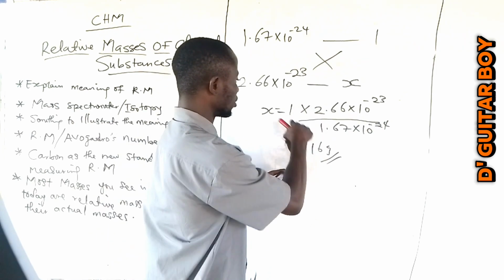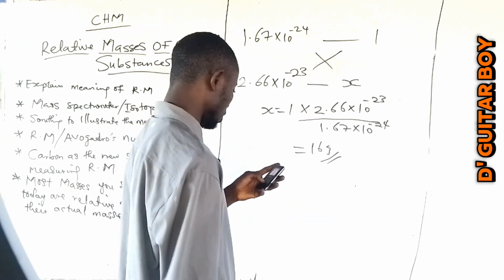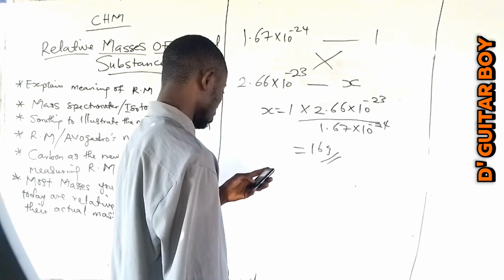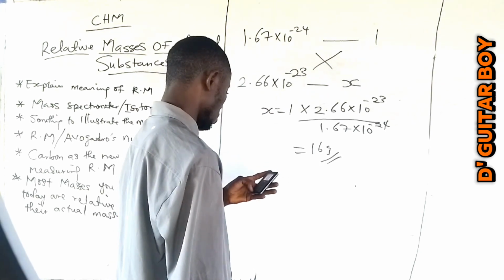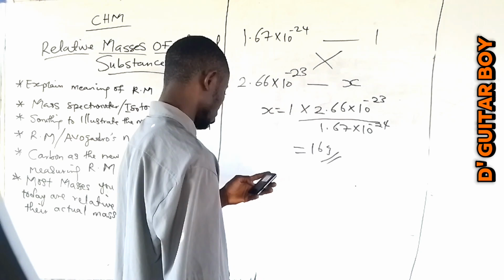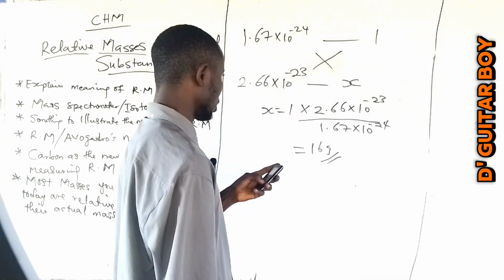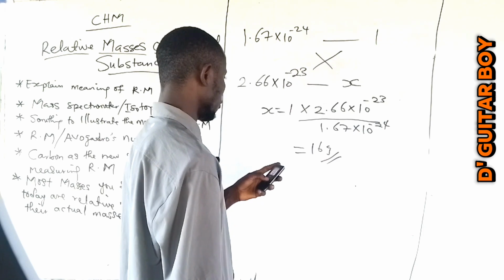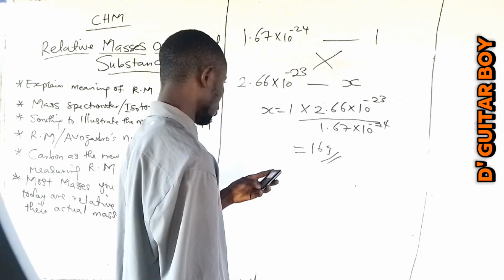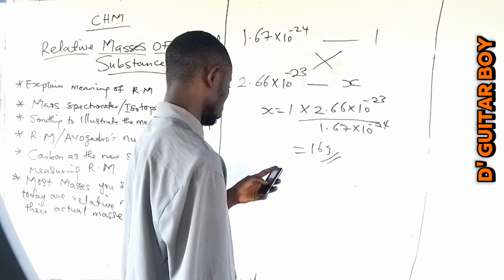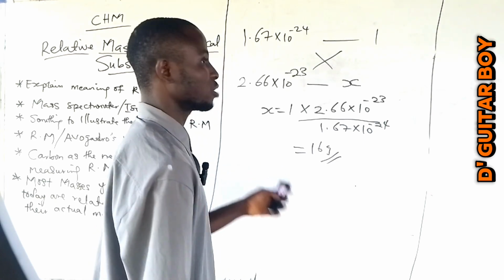Let me divide this to know the actual value. 2.66 divided by 1.67. That's approximately 16.